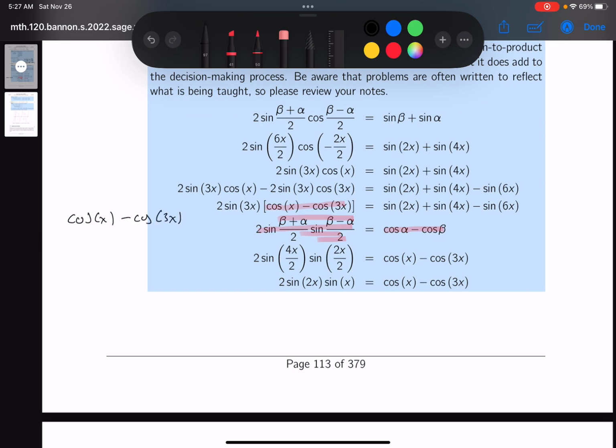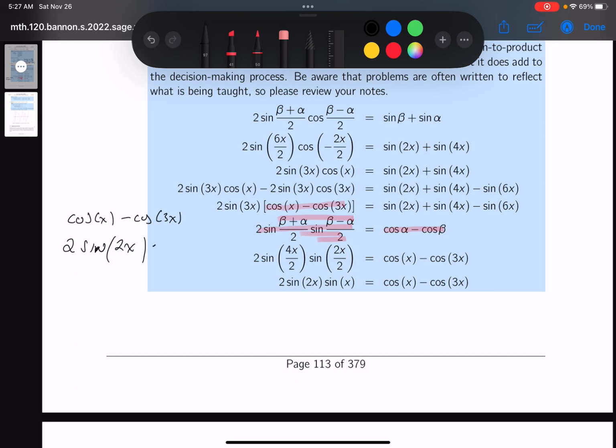You understand the alpha is x and the beta is 3x. All right, let's write this down then. What are you going to get? You're going to get 2 sine. I'm going to add those together now: x plus 3x, which is 4x, and 4x divided by 2 is 2x.